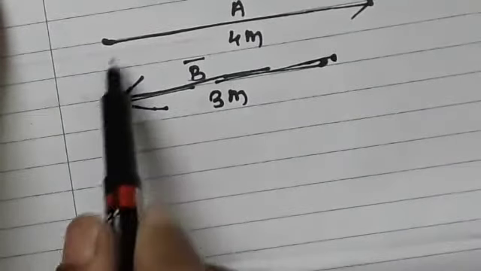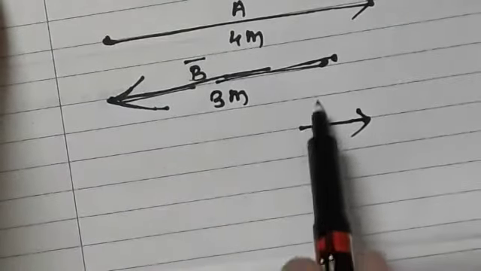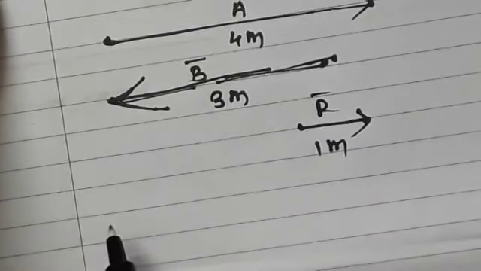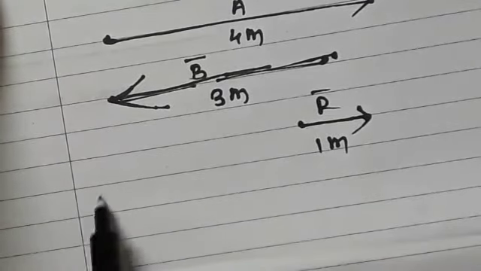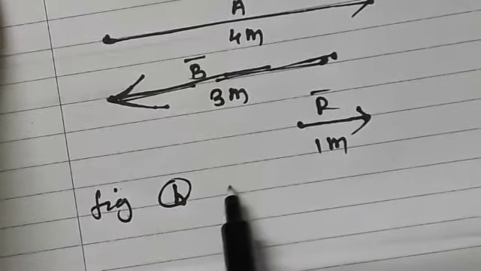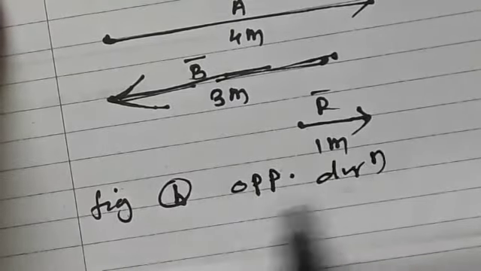Then their resultant vector is just like this, and its magnitude is 1 meter. This is figure B, and these two vectors are in opposite directions.